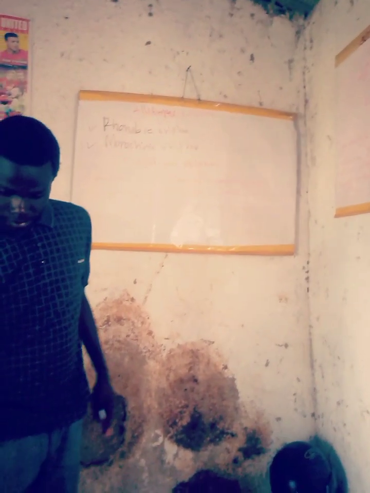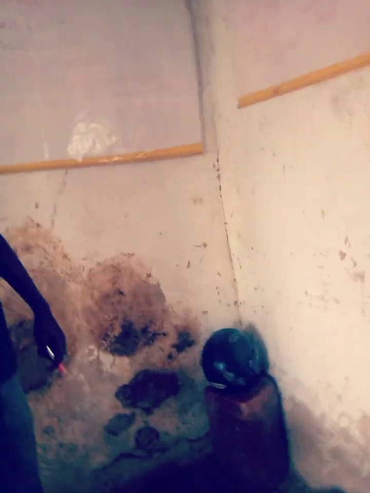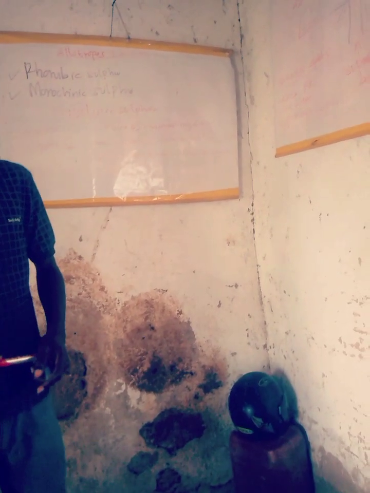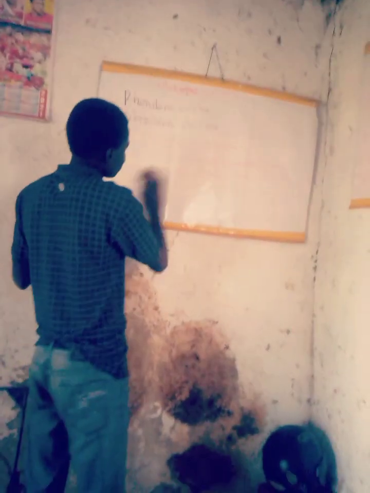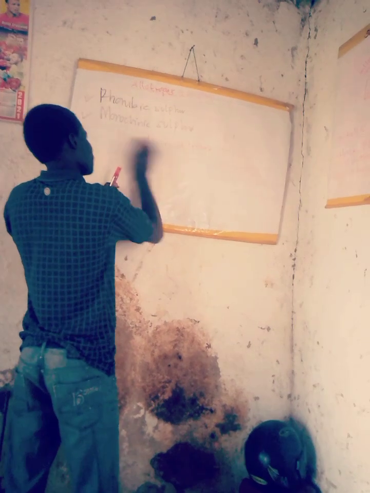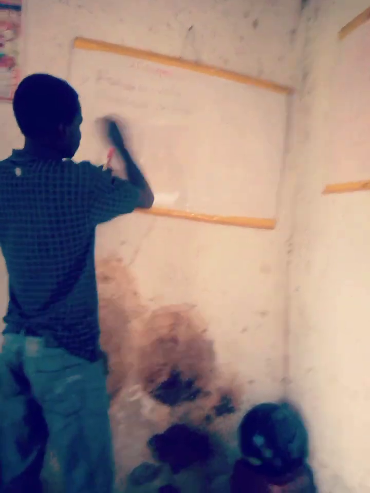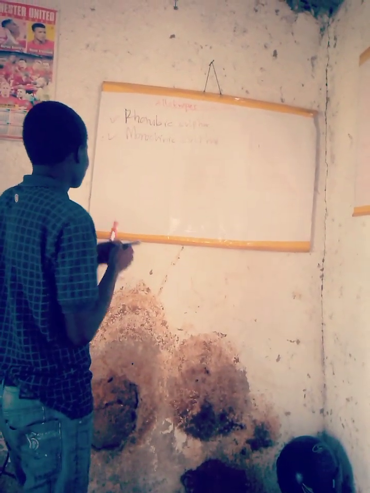So we have another form of sulfur, a non-crystalline form of sulfur. Now let's talk about the non-crystalline form of sulfur. Most students usually forget about these two, and this is what is usually asked.